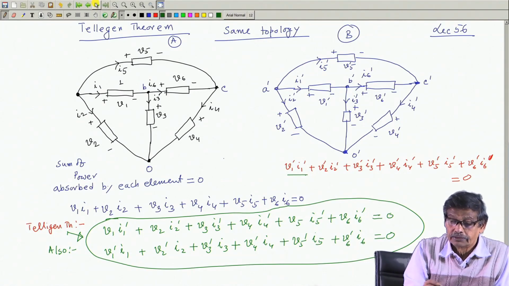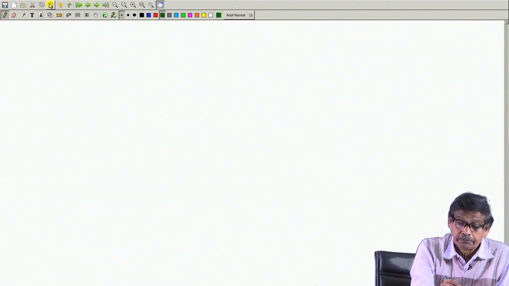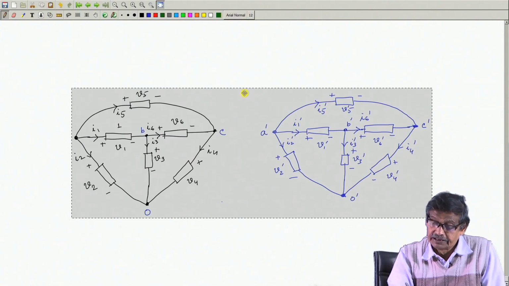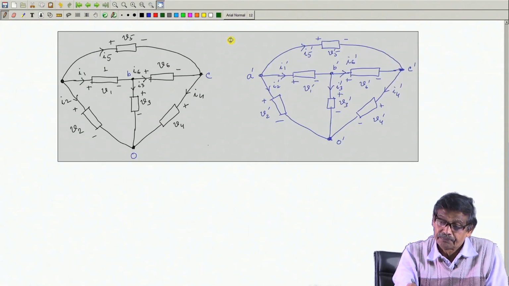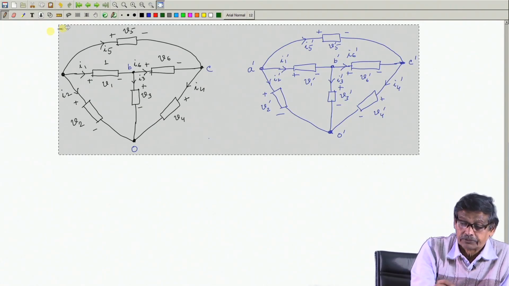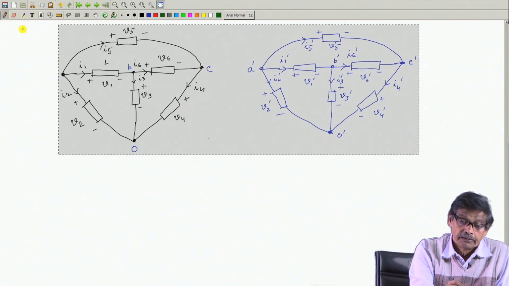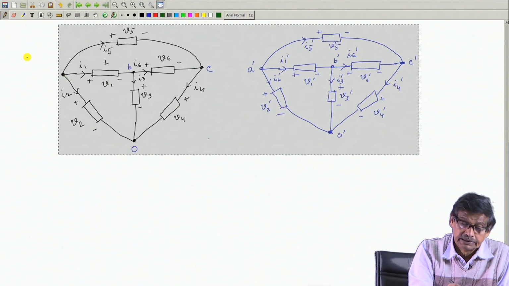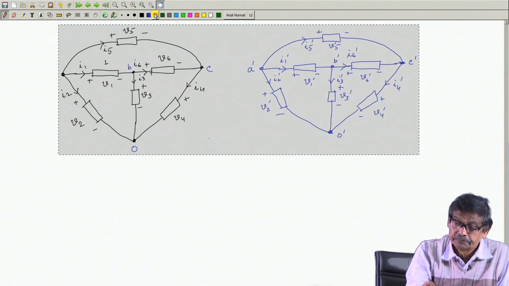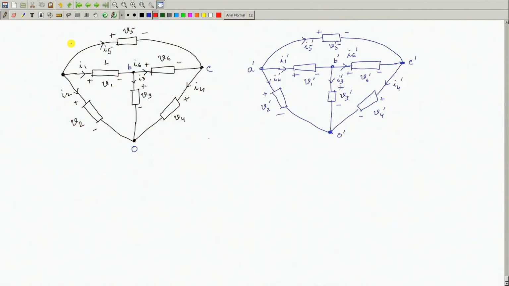So, I go to the next page and paste it once again. So, this is the thing. So, I am trying to do the proof for this network.